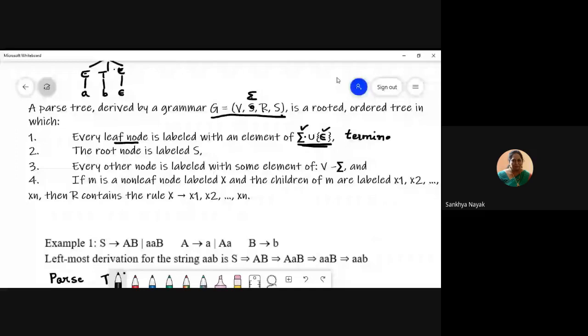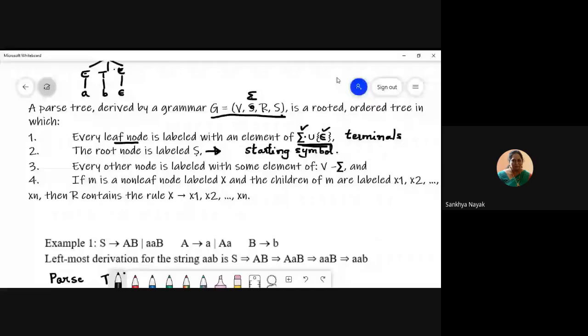The root is always labeled S or some letter which represents the starting symbol. Most of our examples had the starting symbol as S itself. If in your grammar your starting symbol is something else like E or K, it will be that.